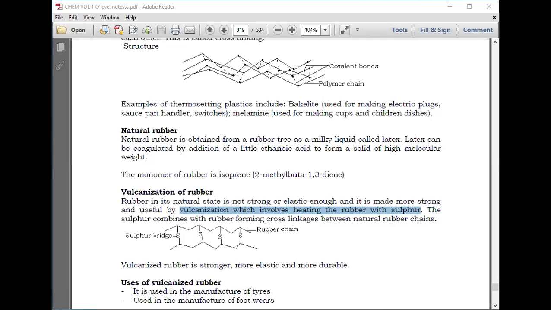Having known that vulcanization is the process of heating rubber with sulfur, this is very important. We could ask you, what are the advantages of using vulcanized rubber? Why do we use vulcanized rubber? I know most of you have never bought yourselves a pair of shoes, but your parents have always bought for you.